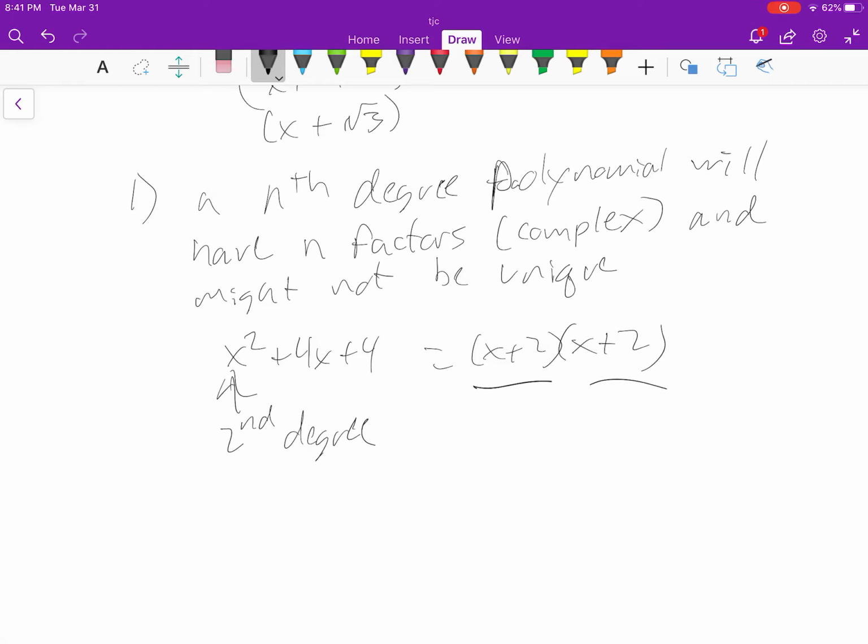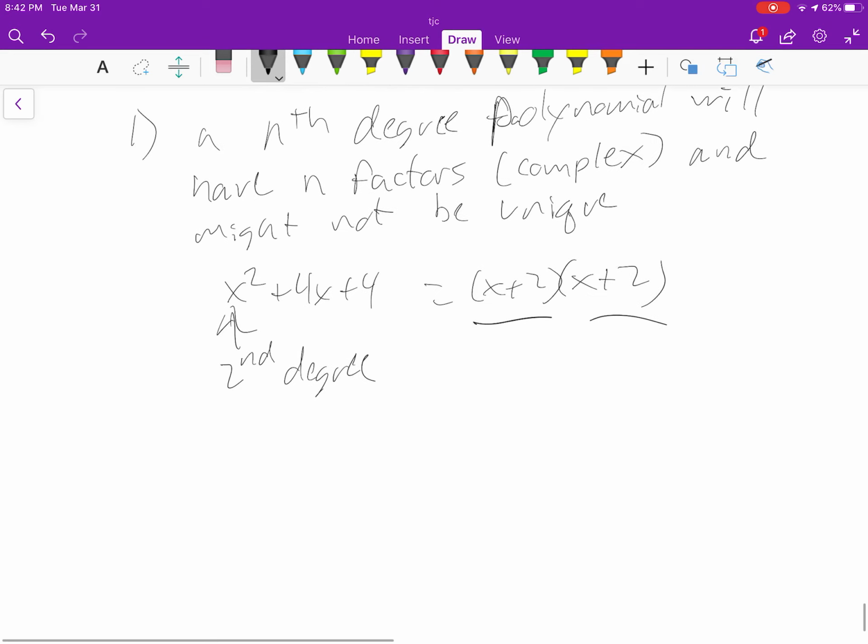Well, here the two factors are 2, because 2 is a complex number. But they're not unique. So you can have repeats, but at most you'll have n factors if you have an n degree. You can't have more than n. All of the factors, including the repeats, when you add them up, they'll add up to n. Okay?